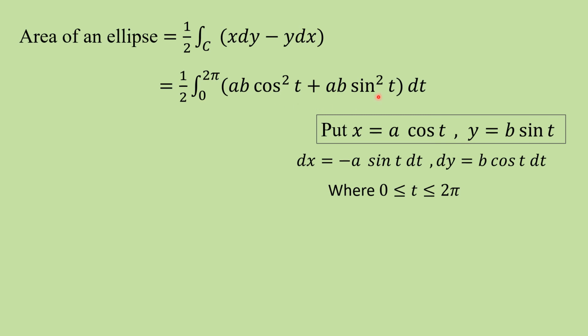So I have ab by 2 times the integral of 1 with respect to t between 0 and 2 pi. Integrating 1 gives t, applying the limits 2 pi minus 0, that is 2 pi times ab by 2, so the 2 gets cancelled. So the area of an ellipse is pi ab, as all of you know. By using this result also, I got the area of the ellipse as pi ab.